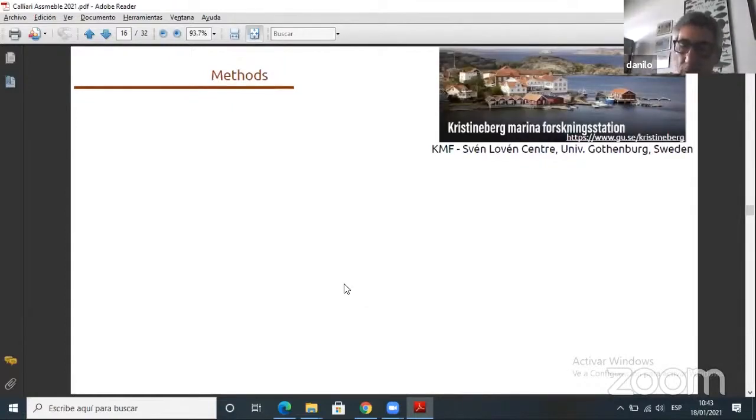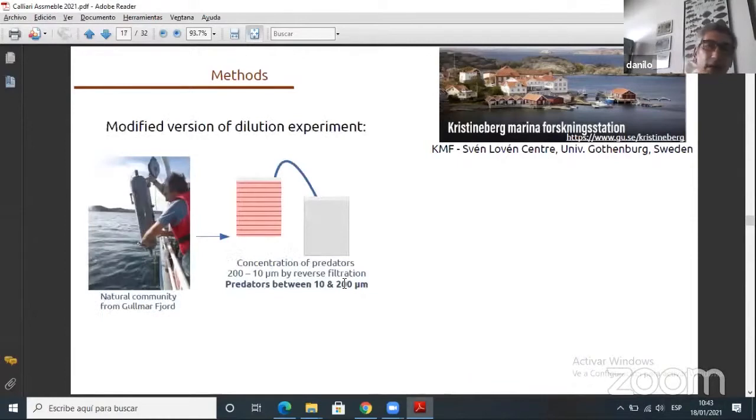As stated, we worked in this project at the Kristineberg Marine Research Station on the west coast of Sweden. What we did was a modified version of a dilution experiment. We took a natural community from the Gullmar Fjord, the sea area next to the station, and by double serial reverse filtration, we concentrated all the predators in that sample that were between 10 and 200 micrometers in size.